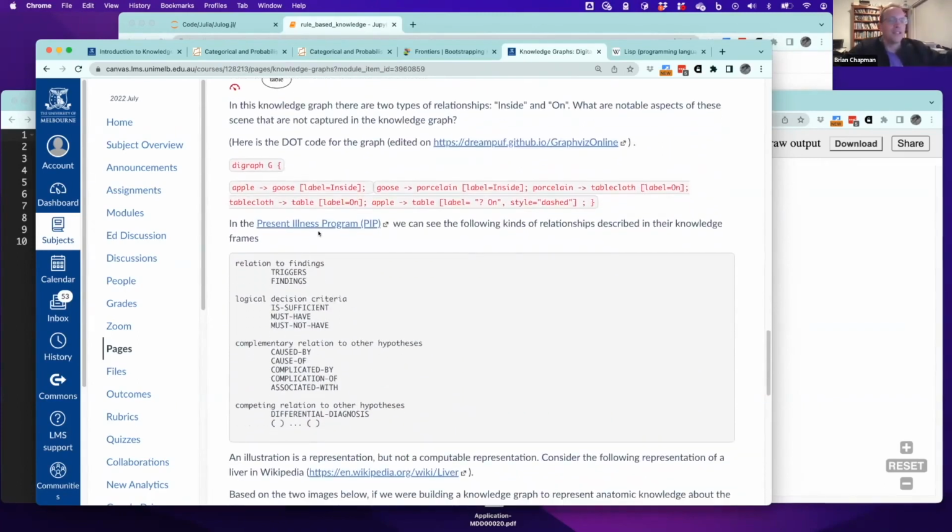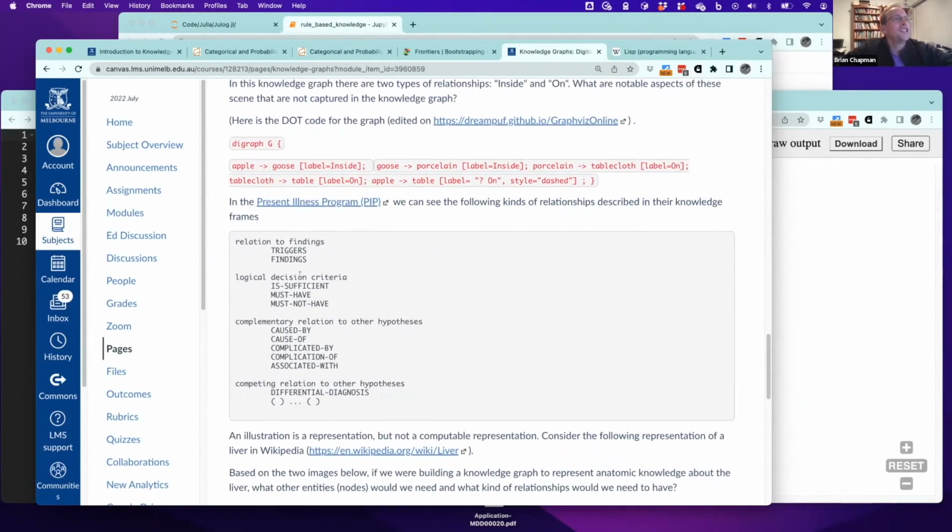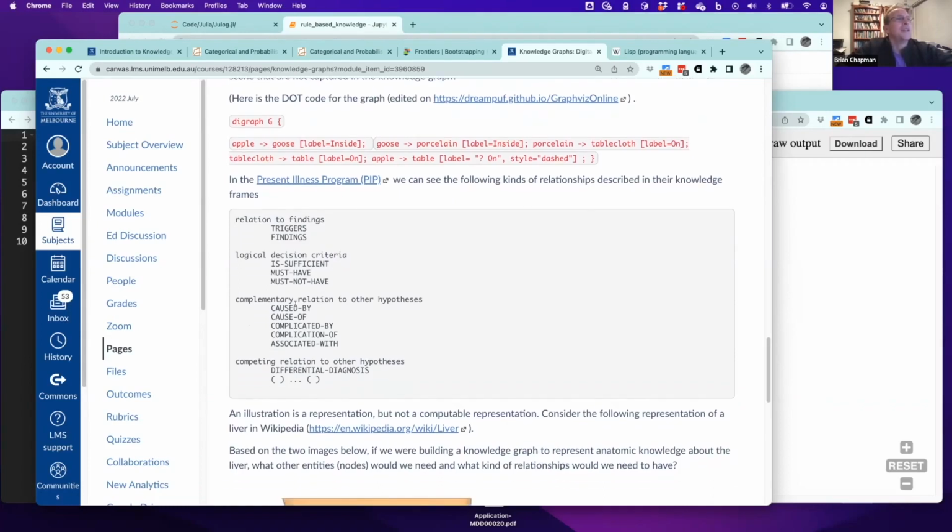Now, if we look at the Pete Szolovits thing that we were looking at before, the present illness program, the PIP, then they've got relationships of, this triggers that, this is a finding of that. Then we have these logical decision criteria: is sufficient, must have, must not have, and then relationships to other hypotheses: caused by, cause of, complicated by, complication of, associated with.